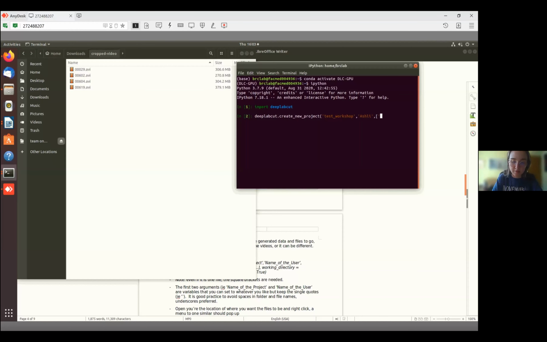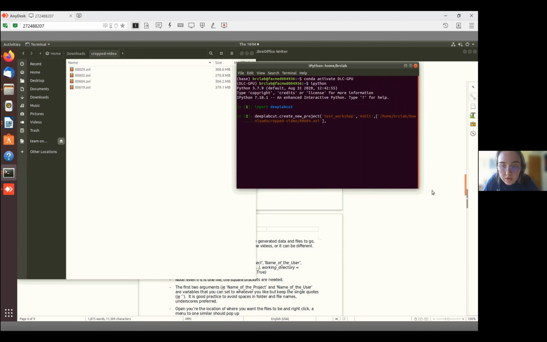Okay. Now I'm going to type in the file path, BCR lab, downloads, cropped video, spelled video wrong, 00604.avi, close bracket, BCR lab downloads.